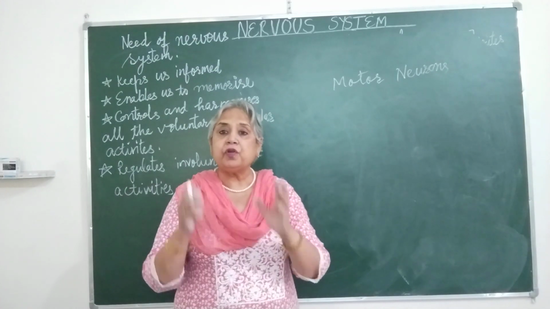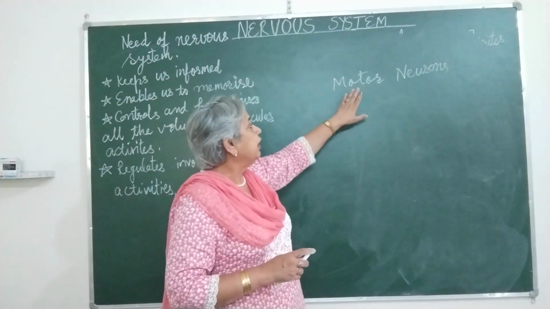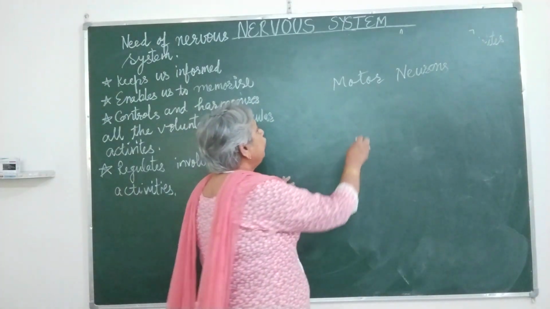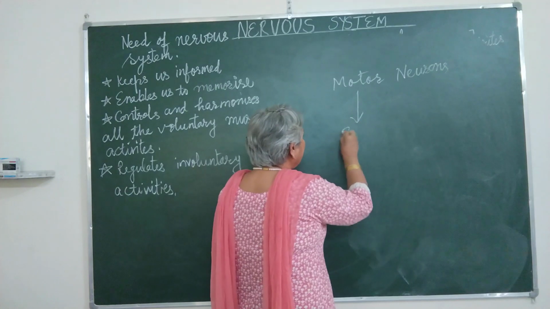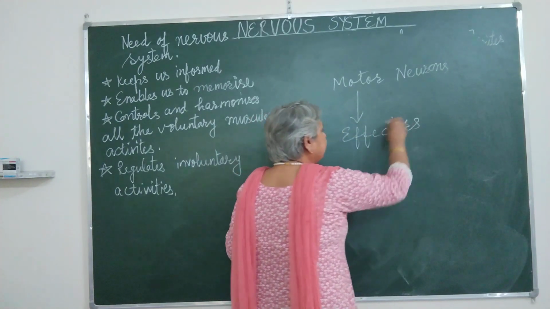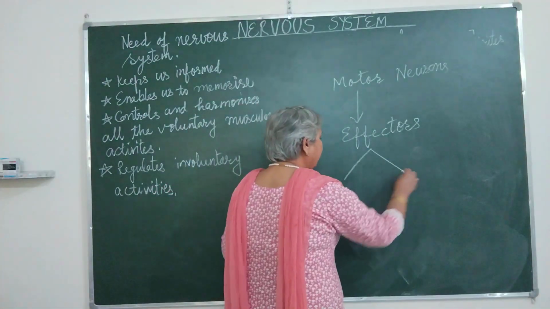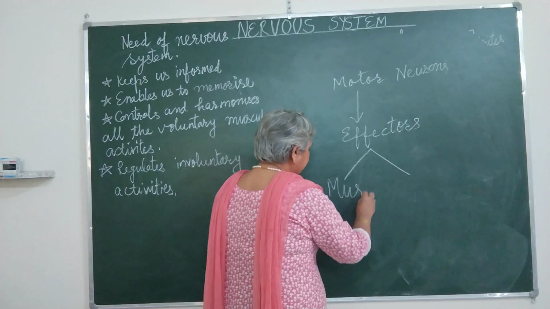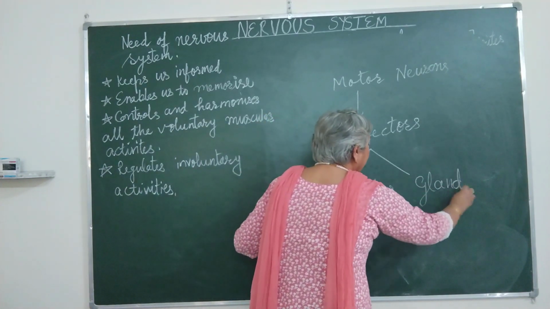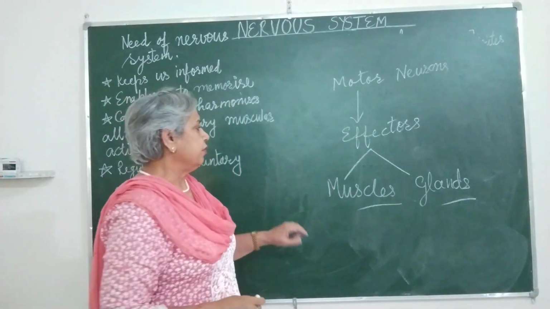Now CNS processes that message, analyzes the situation, gives the message to motor neuron. Motor neuron passes the message to effectors. So receptors and effectors. Now effectors are further of two types, muscles and glands. So muscles and glands are the effectors.